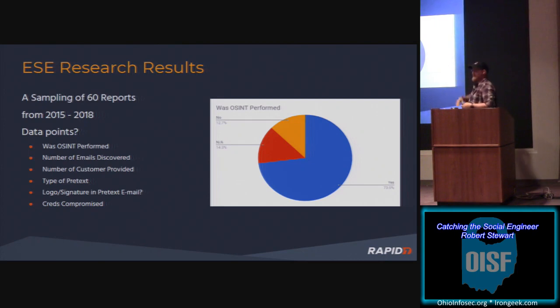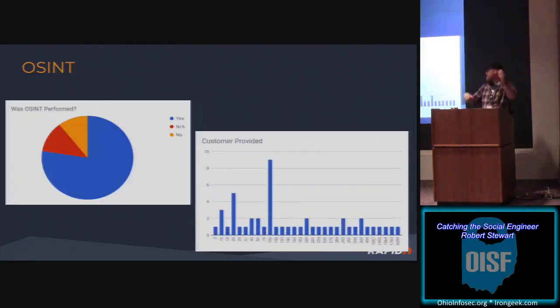So we took all of the previous reports, a sampling of 60 reports from 2015 to 2018, and started dissecting them, looking for different things. Some of those data points were: was OSINT performed? What kind of pretext were they using? All kinds of stuff, really. We wanted to dissect that information.